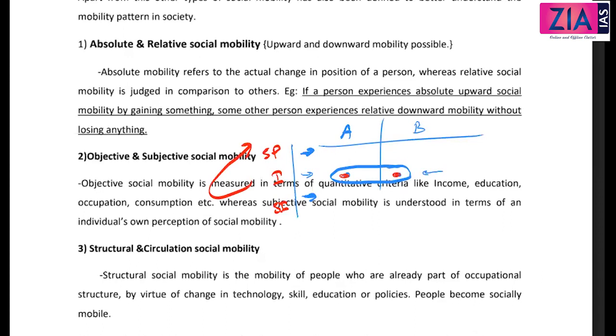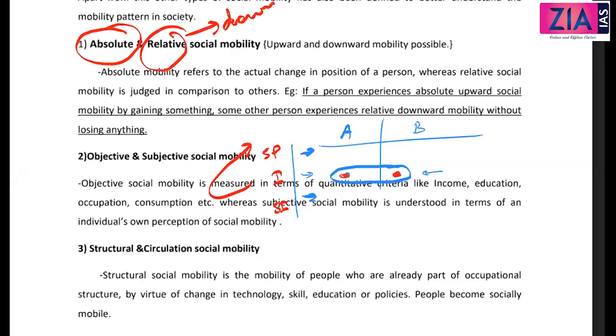That is absolute mobility, because his position has changed. But B remained the same. B will experience a relative downward mobility because his friend got promoted.